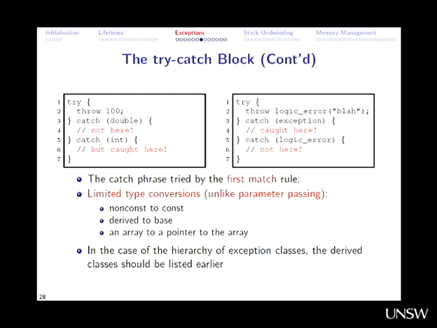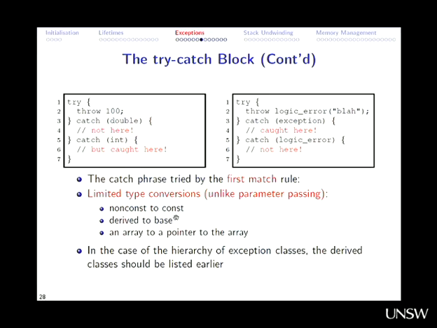But because of this limited type conversion, if I say throw a logic error, and the first thing I say is catch exception, and the logic error inherits from the exception, it will get caught in this first one. Okay, because this is a derived class.